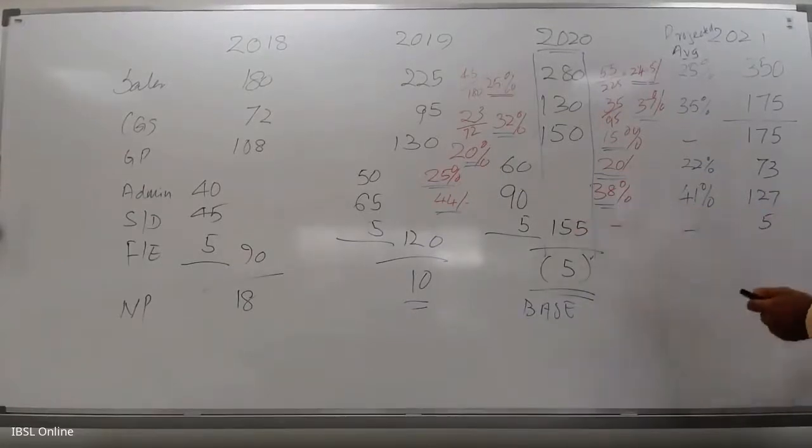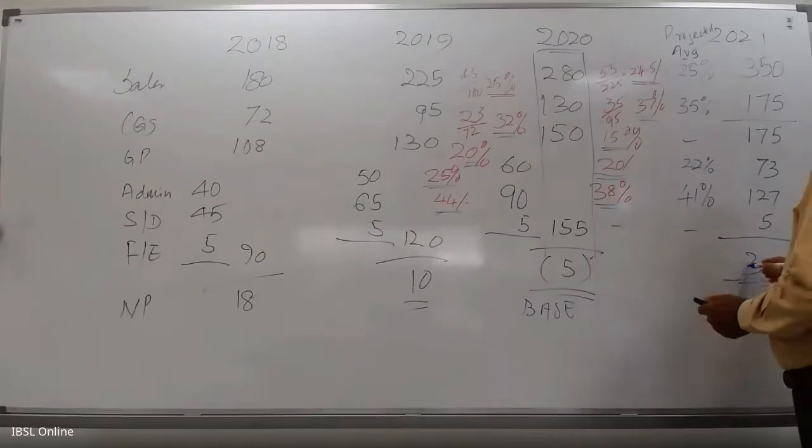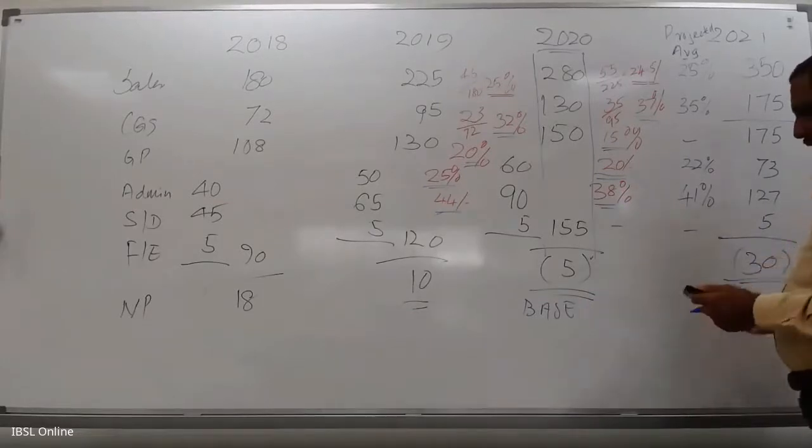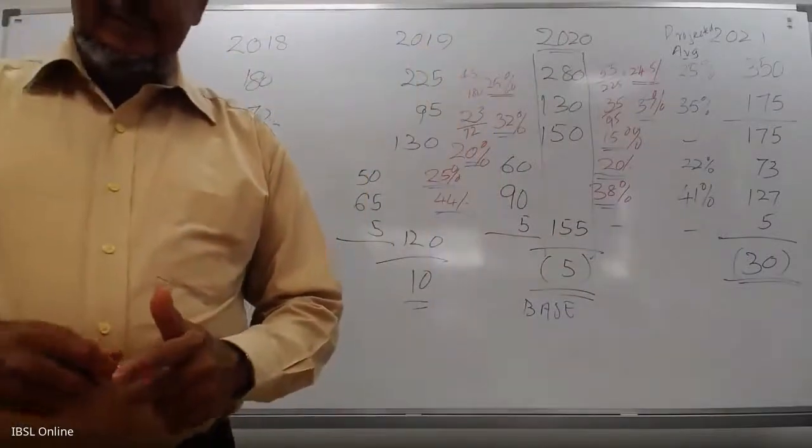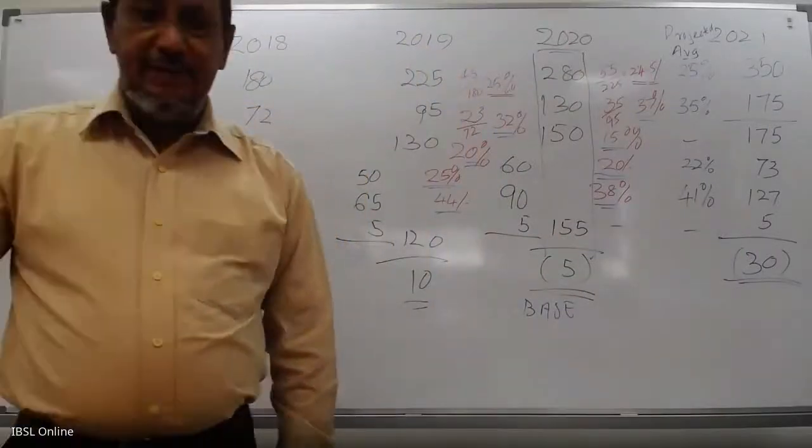See, our projections are minus 30. Minus 30.